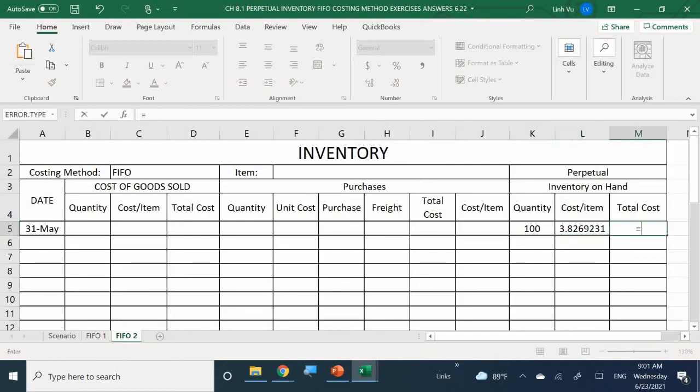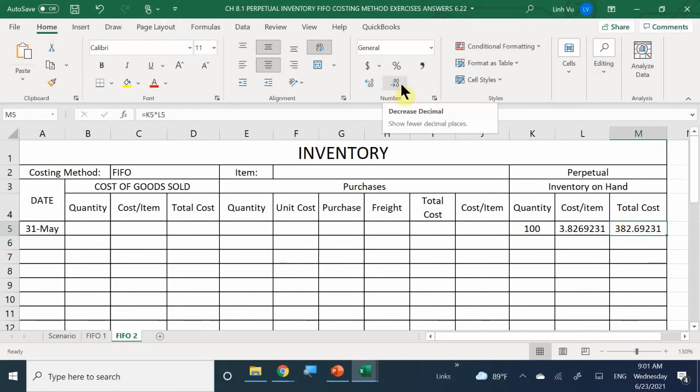I'm going to bring it over so I include it in my batch, so when I compute my next sales or my next purchase, at least I know that this was there before. There we go.